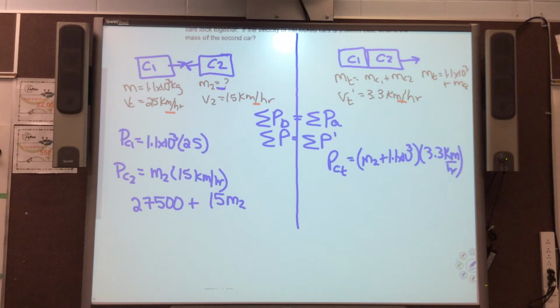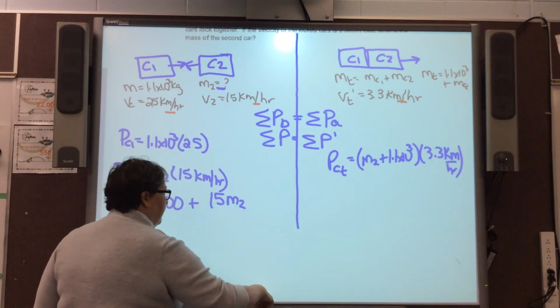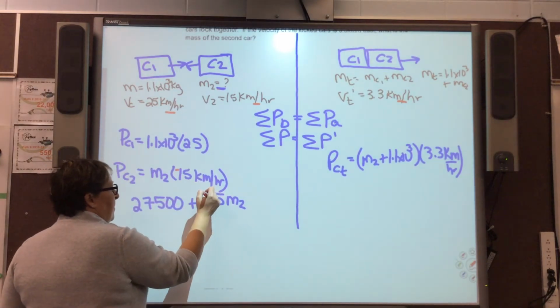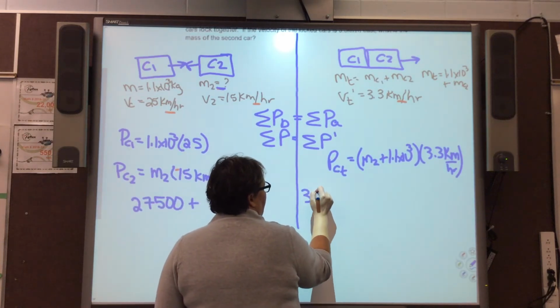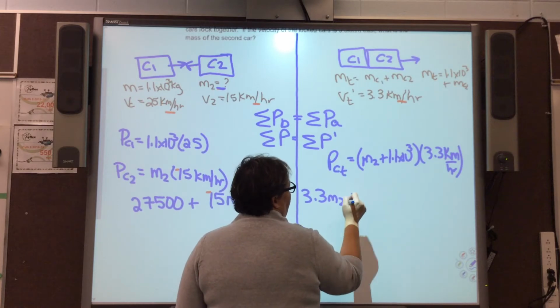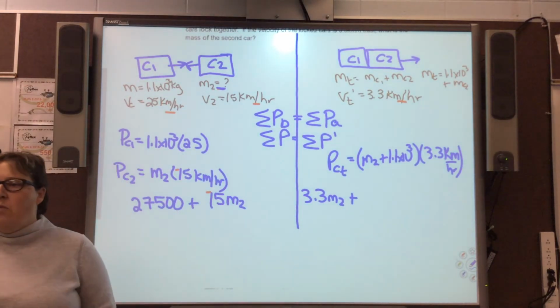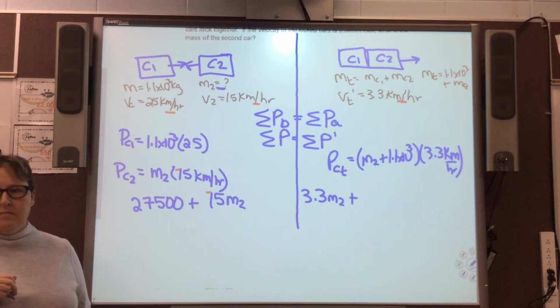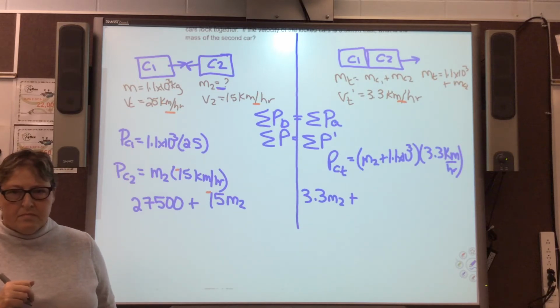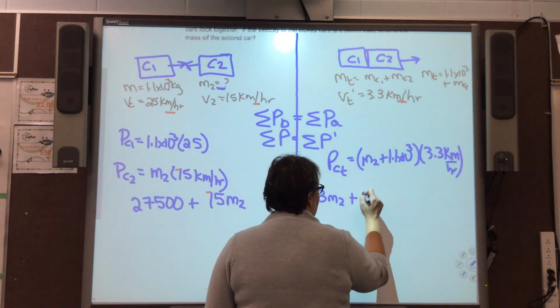And then the second momentum is 15 times m2, negative. Let's not forget the negative sign. Over here, we have, and then what's 3.3 times 1.1 times 10 to the 3? 3,630.